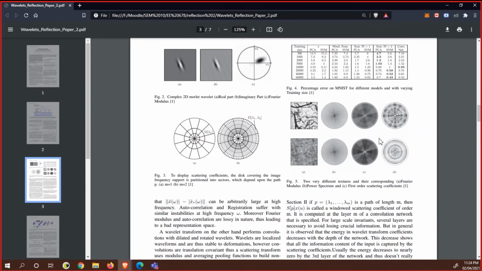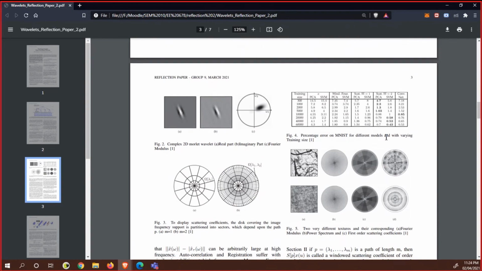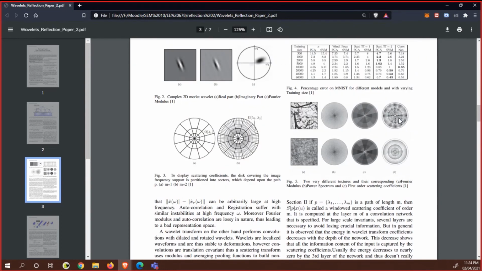The second one is the first layer output of our convolution scattering network, and the third is the second layer output. These two are very comparable, but the second layer gives us a differentiator between these two images, which is not given by the Fourier modulus operator. This is just an example of that.